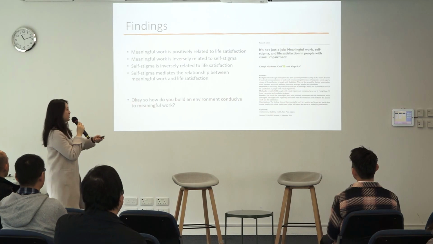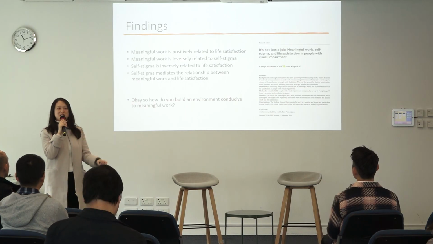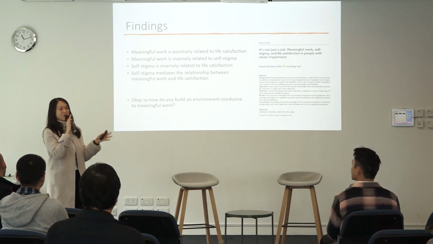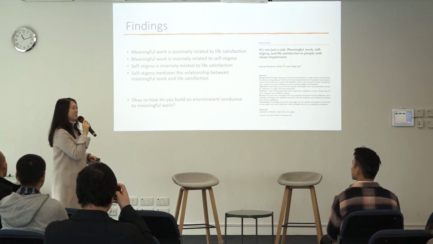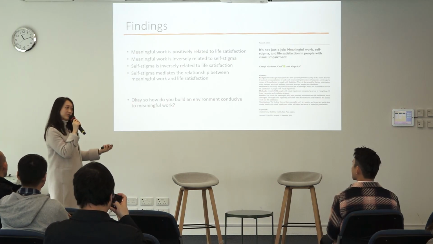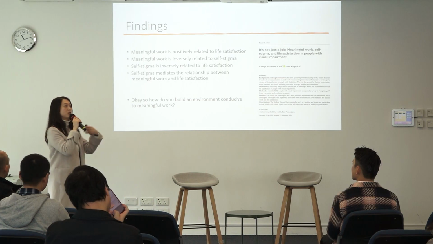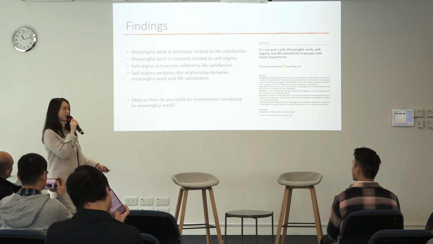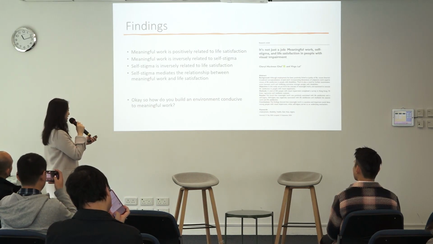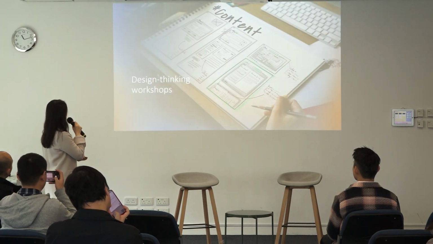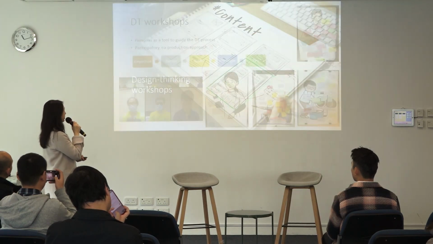But not only this. I was not satisfied with only having confirmed relationships; so what? The next step is obviously how to build a work environment that is conducive to meaningful work. So that led me to the third part of the study, which was design thinking workshops.